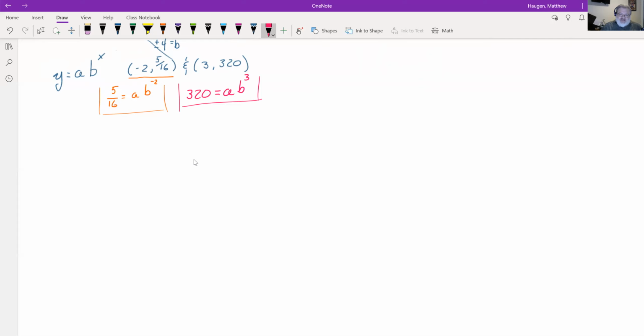We could combine them in a couple of different ways. We could solve for either a or b, though usually you solve for a: solve this one for a and then substitute that a into the other one.